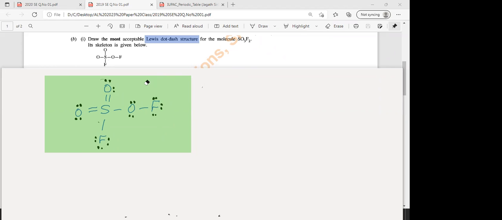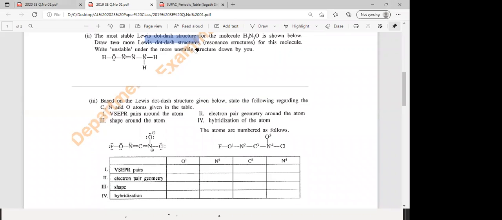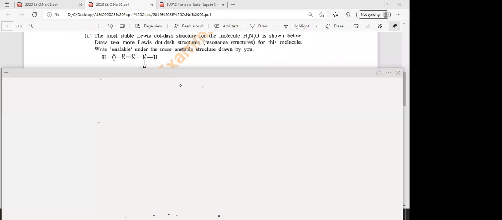Then B2, I'll erase the screen. B2, the most stable Lewis dot dash structure for the molecule.